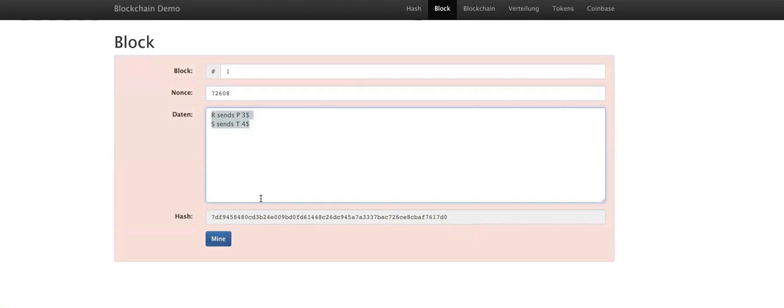Only if we have mined the block and the block was verified will these transactions have gone through. So what do we need to do to validate this block? To validate this block, we're going to need a so-called nonce. A nonce can be figured out manually by typing in random numbers, which we can try and do.